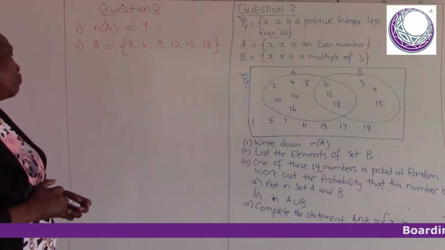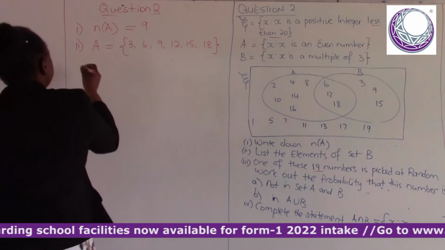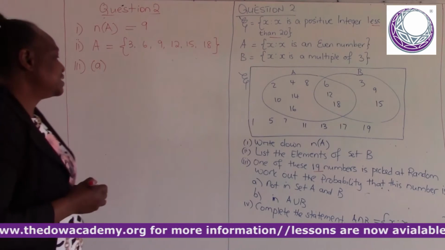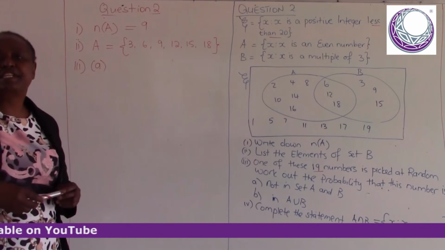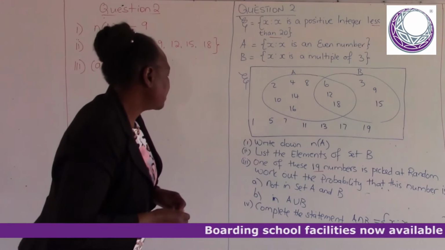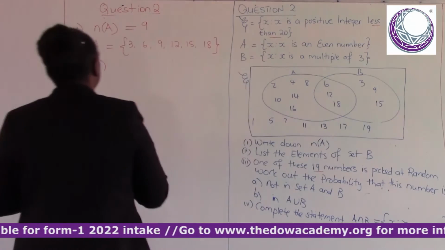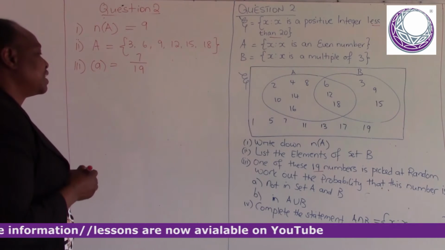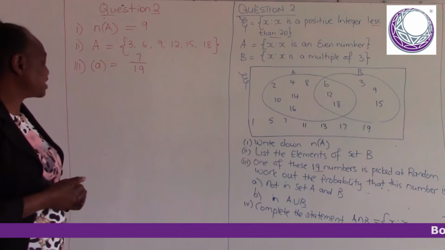Work out the probability that this number is, part 3, A, not in set A and B. Not in set A and B means it does not belong to set A as well as B. So out of 19, we can count 1, 2, 3, 4, 5, 6, 7. So our answer is going to be 7 out of 19. These are the numbers that are not in A and B, and that's how we express probability as a fraction.